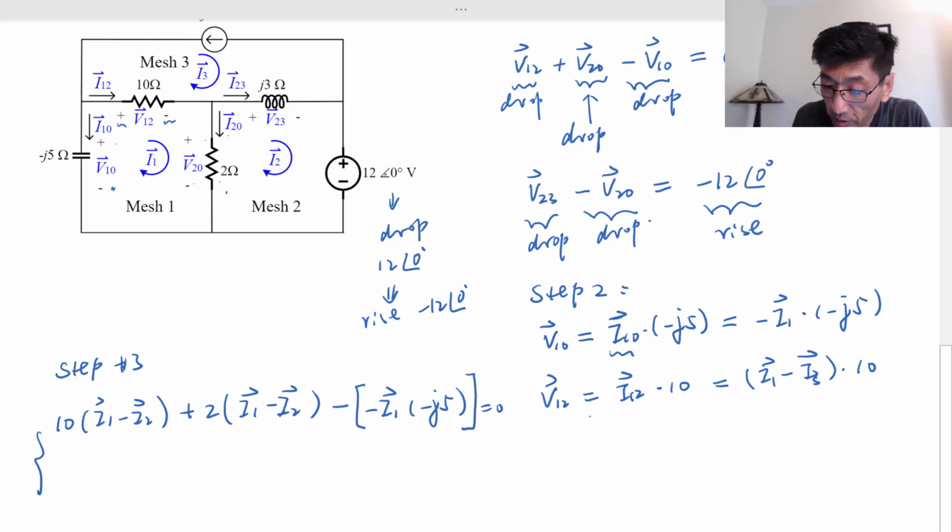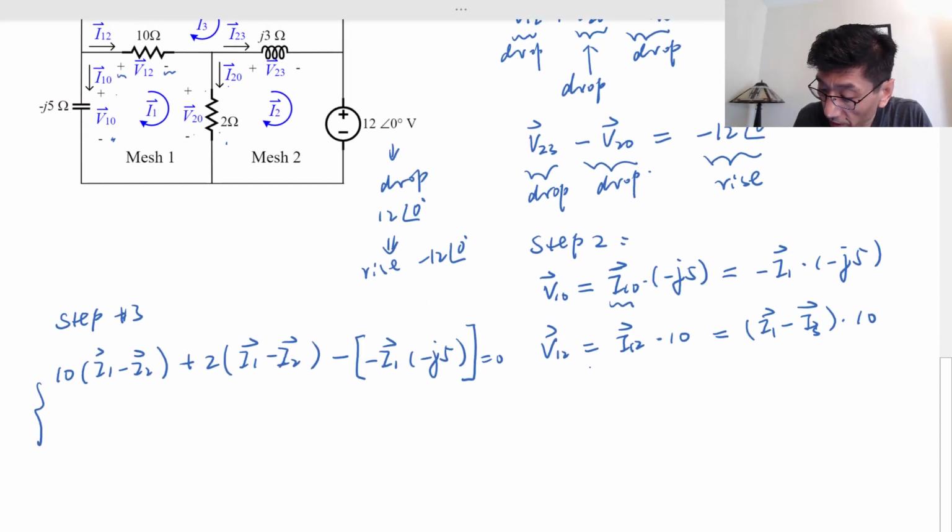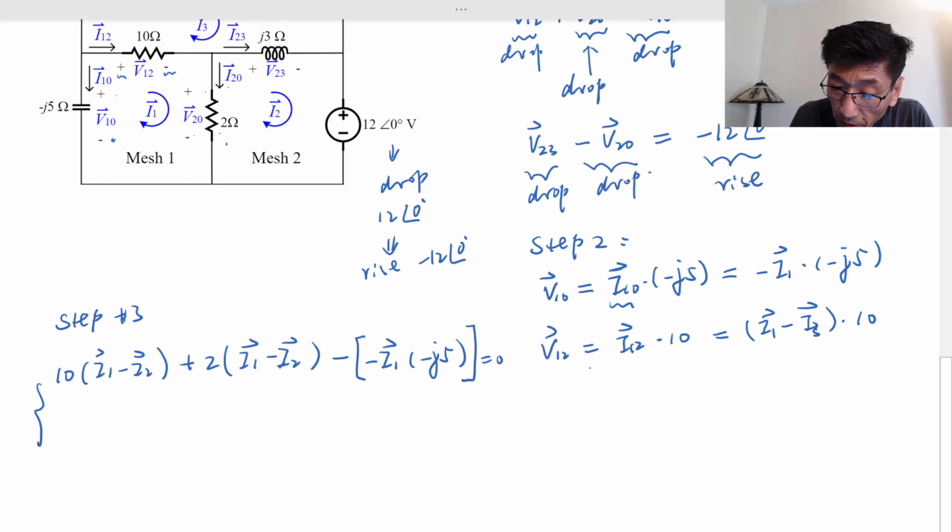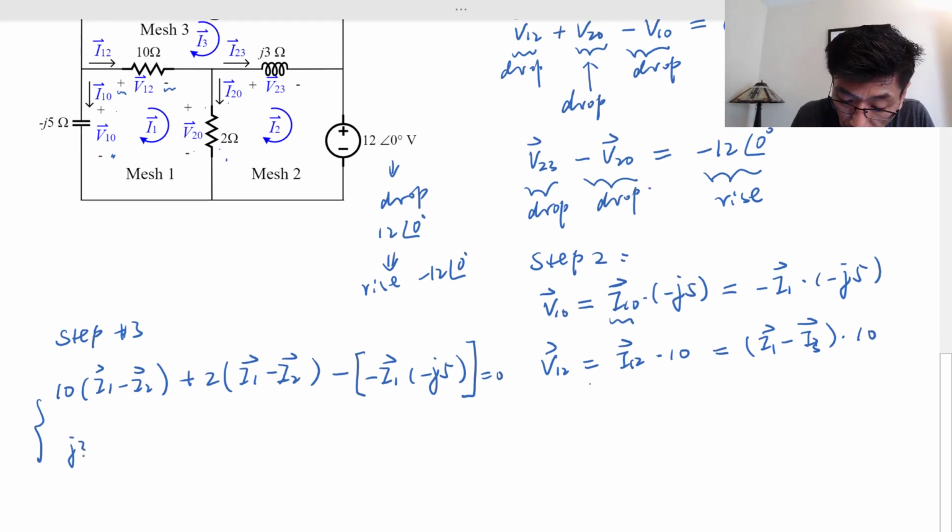And for the second mesh, we would have V23, that's going to be equal to J3 times I2 minus I3, and for V sub 20, I didn't write that one, so that's actually minus V sub 20.